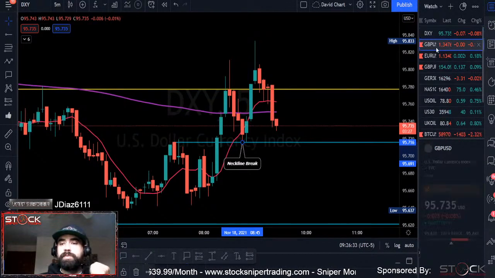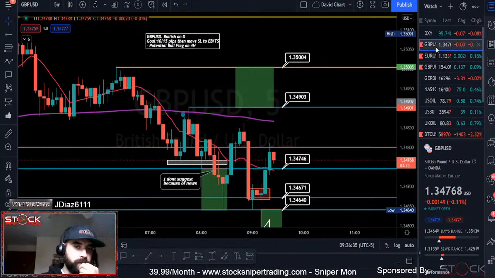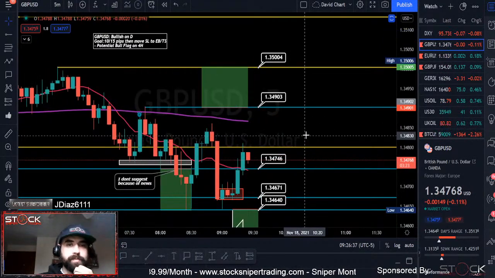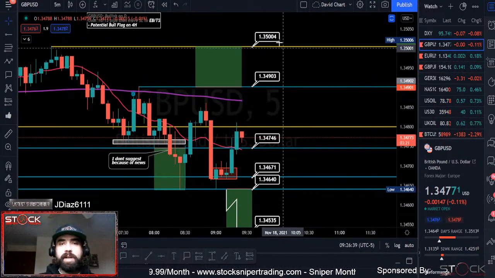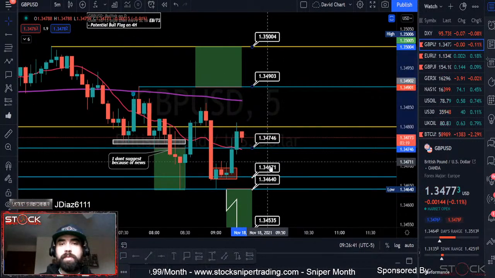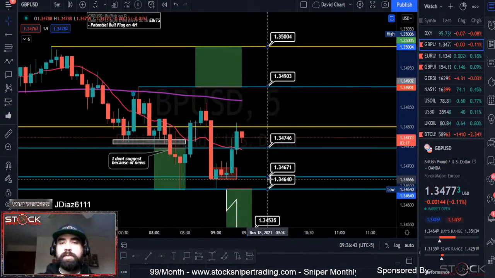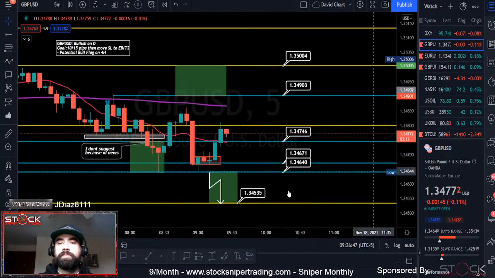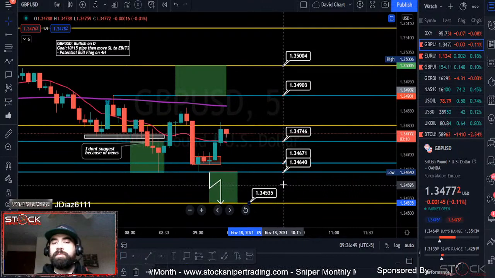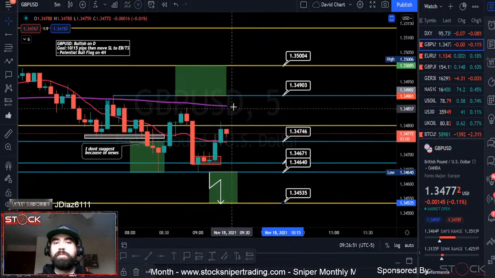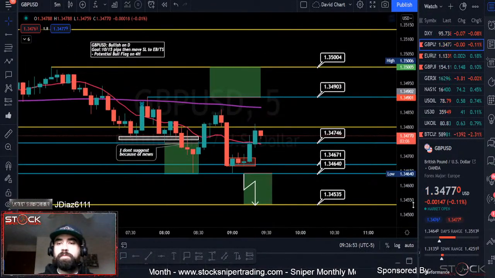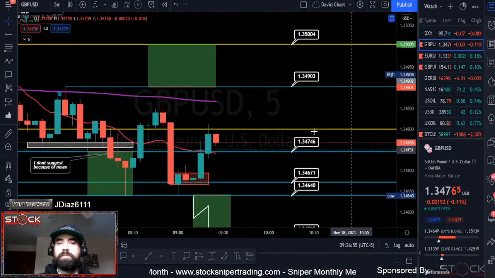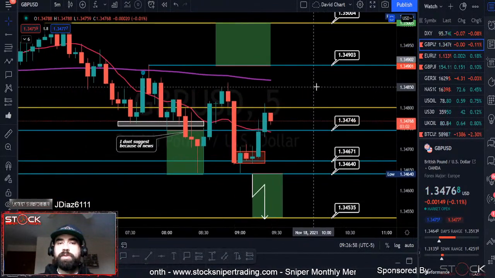Okay, GU 9:26, guys. We're starting to form here. Just going to get this set up so it's not going to be distorted when the market actually opens. Okay, so there's GBP USD.